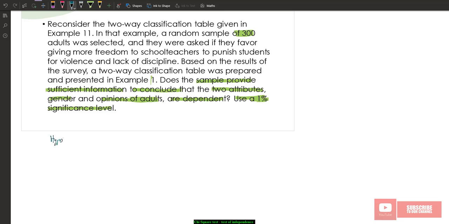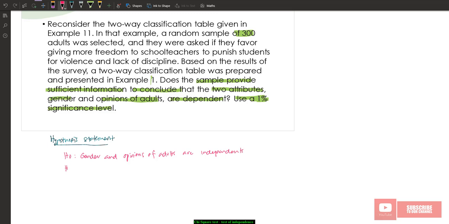This is a hypothesis statement, right? So the null hypothesis: gender and opinion of adult are independent.